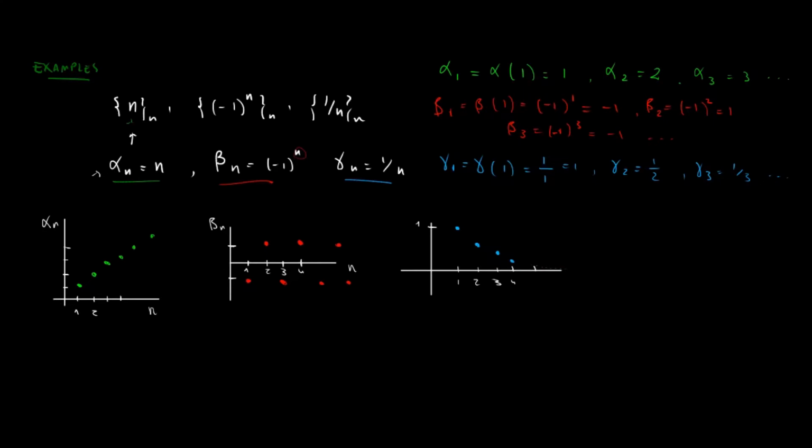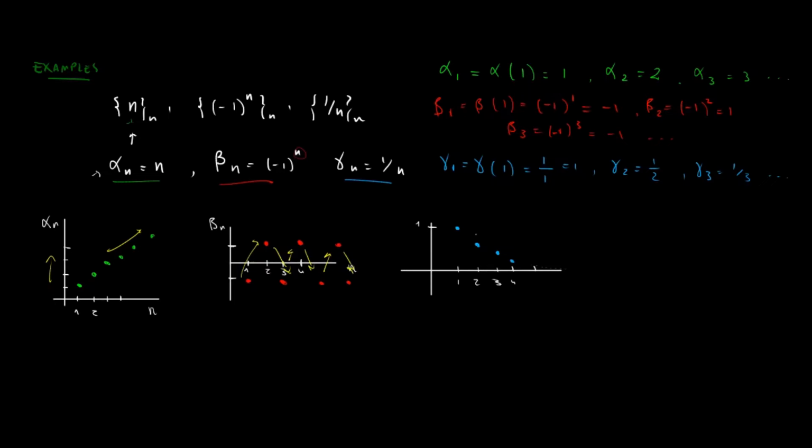So what we can see here is that this first sequence is going towards infinity. When n grows, my sequence is also growing. Now for beta, we start at minus 1 and we go positive to 1. But then we can go down towards minus 1, and this cycle is always repeating.